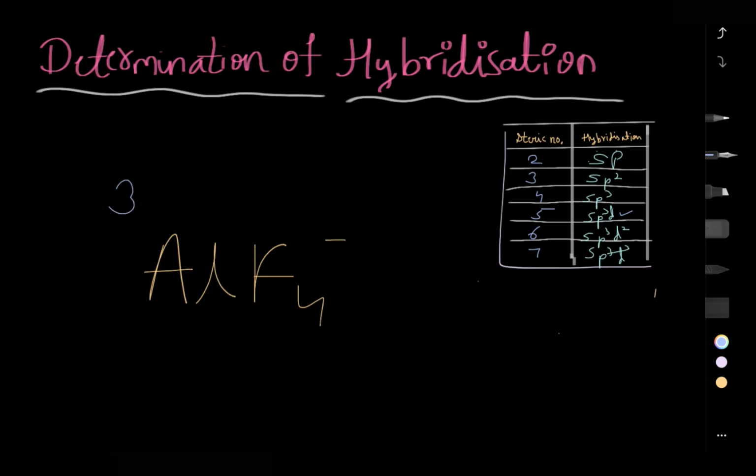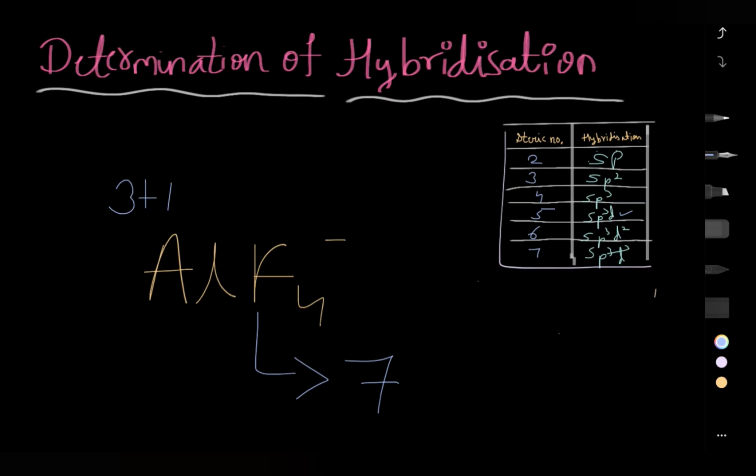And here minus is there. Whenever there is a charge on a molecule, give it to the central atom. If there is minus, there will be plus 1 electron. And fluorine's valence is 7, so it will need 1 electron to complete its octet.